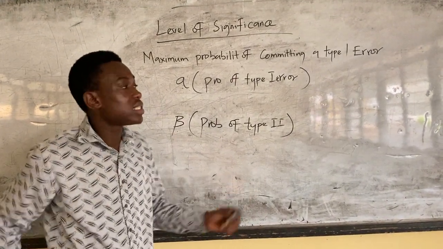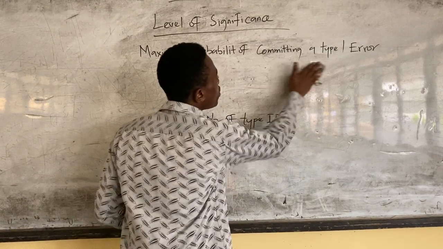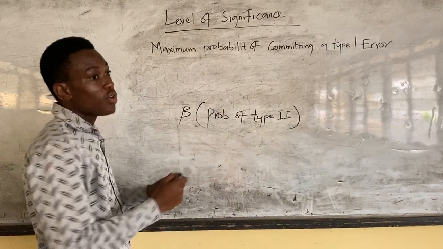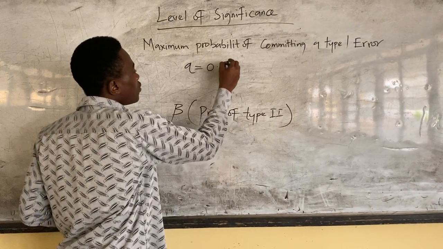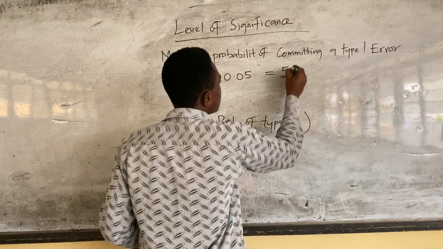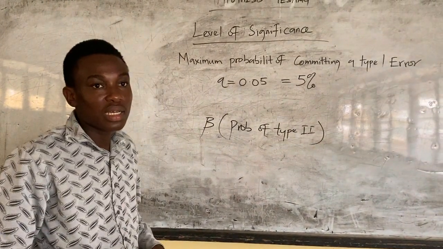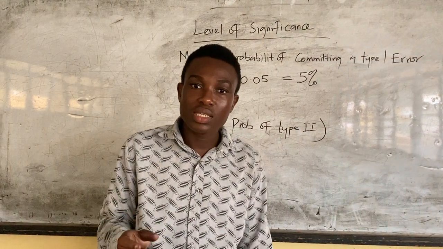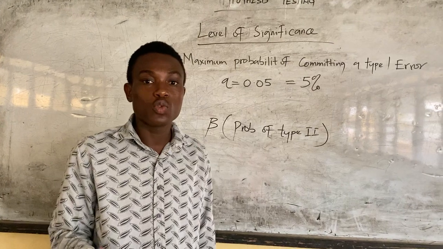So what this means is that, for example, if in any question your value of A is 0.05, which in this case is the same as 5%, what it means is that there is a 5% chance that you are going to reject a null hypothesis when it is true.